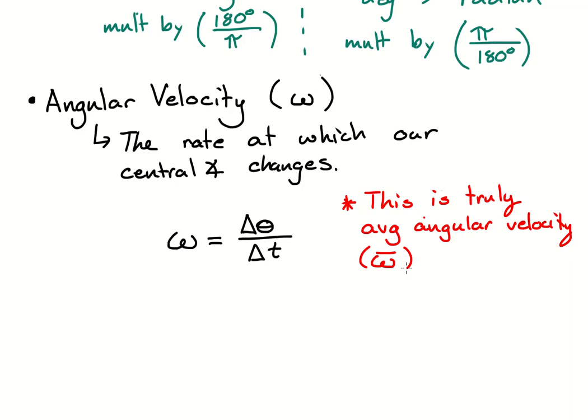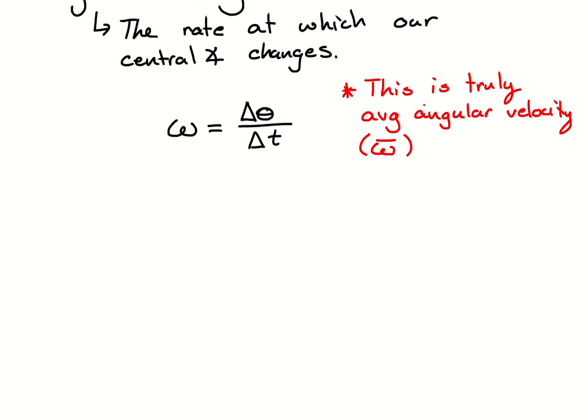Cool. So let's see if we can't tie this together with another one, a small little subsection. I'm just going to keep it the same color. Let's connect this idea of omega, which is our what again? Angular velocity.